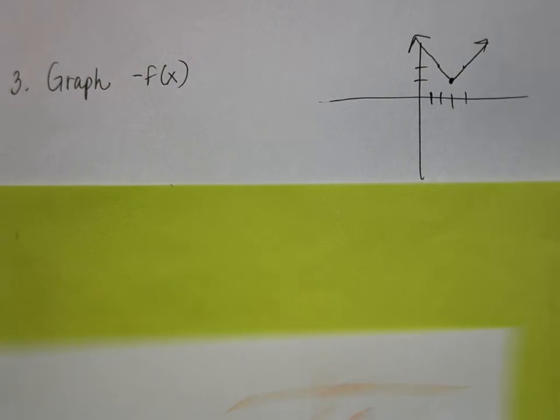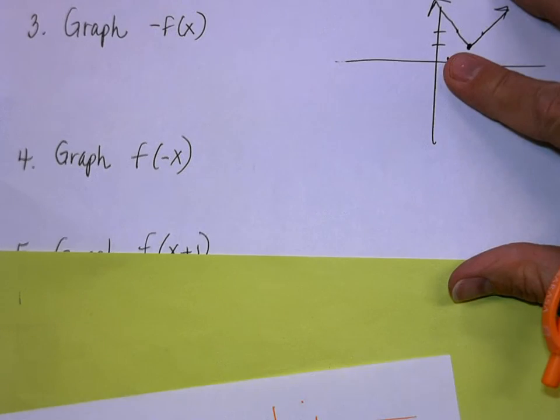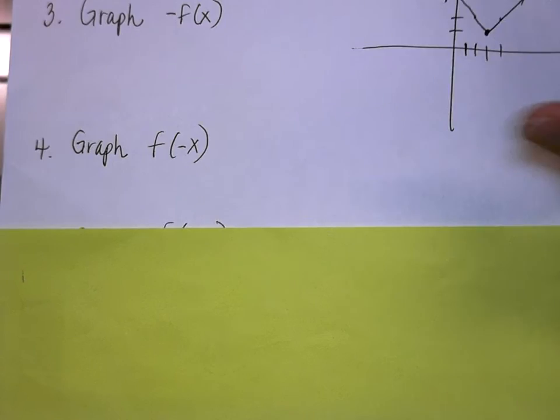Okay. All right, you're using your same original function, but this time, f of negative x.